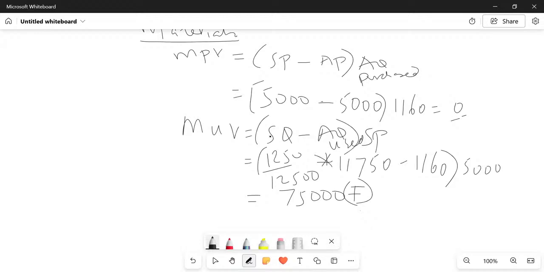Bonita is asking, why are we dividing the cost by 12,500? Maybe, Bonita, you missed out a very important concept. Remember, they never gave us a material cost per unit. They gave us the material cost for producing 12,500.